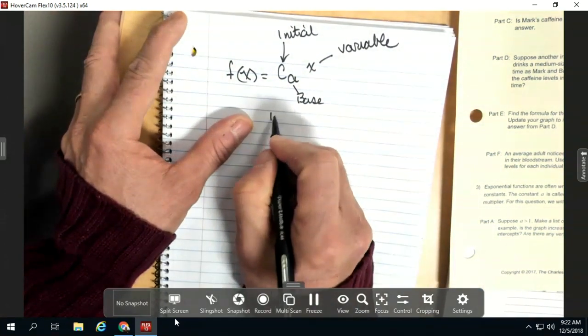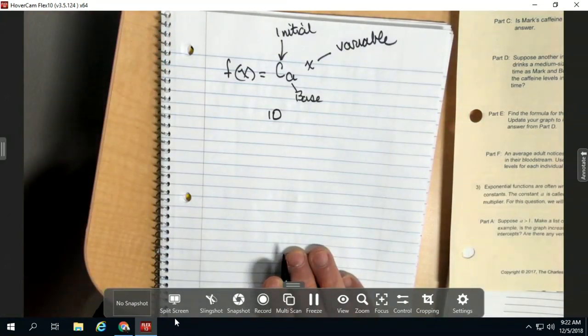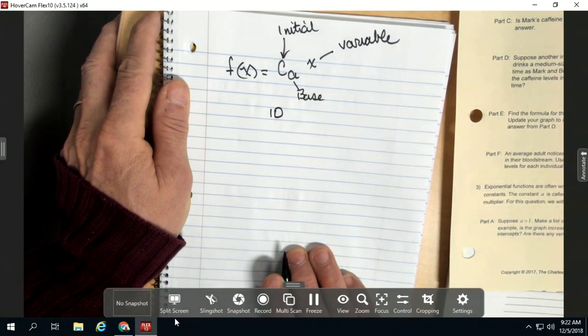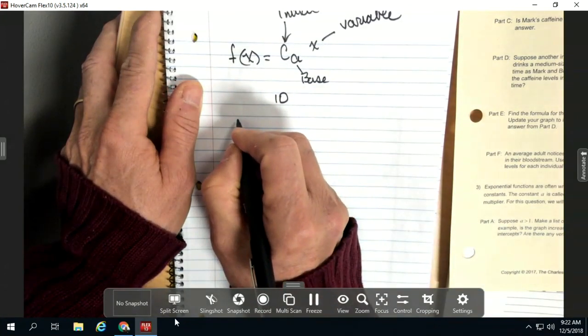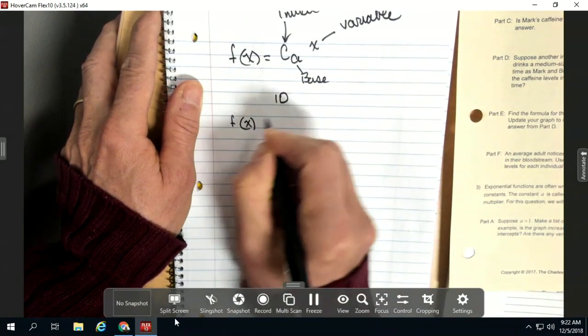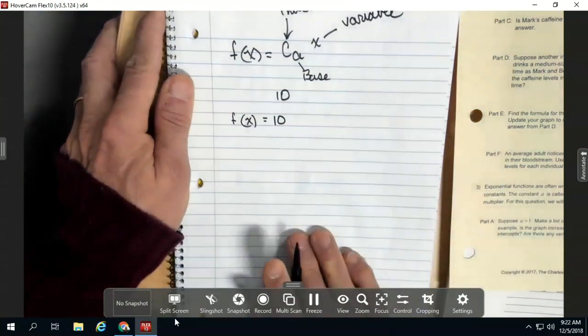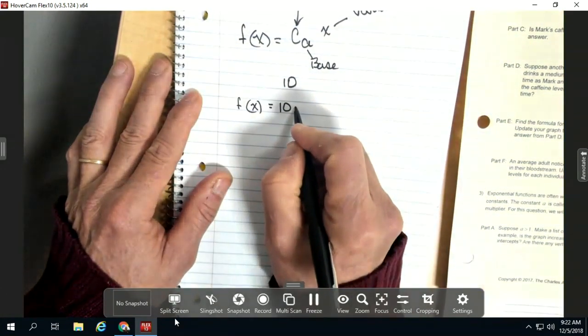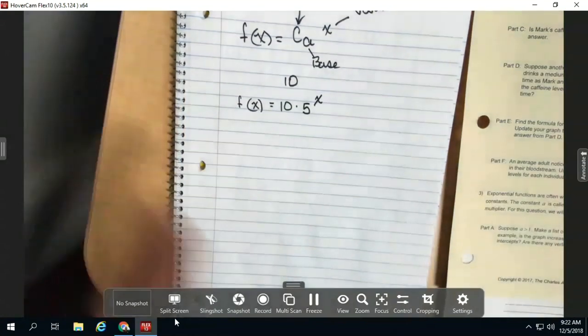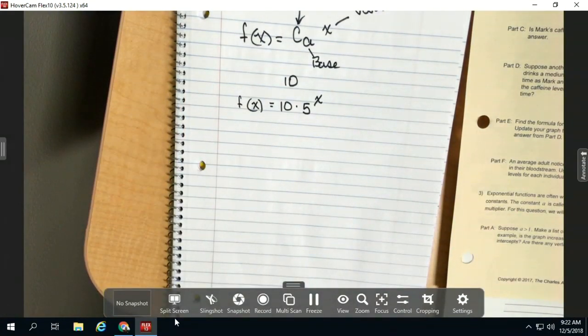It says, let's use 10 as our C value. A: if A is greater than 1, give me a number greater than 1. 5. So what we're going to do is say, how long does it take for our 10 to quintuple, 5 times as big?